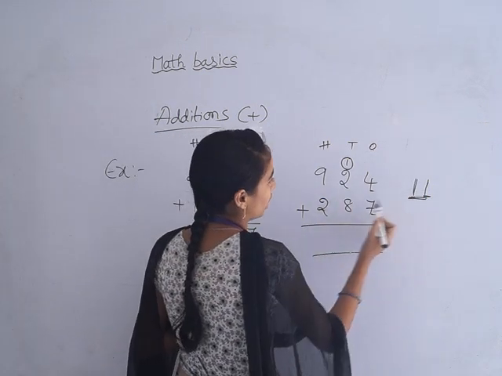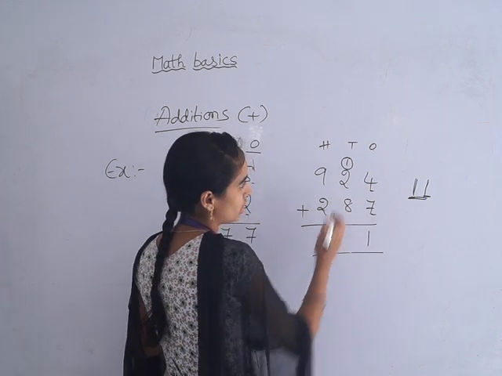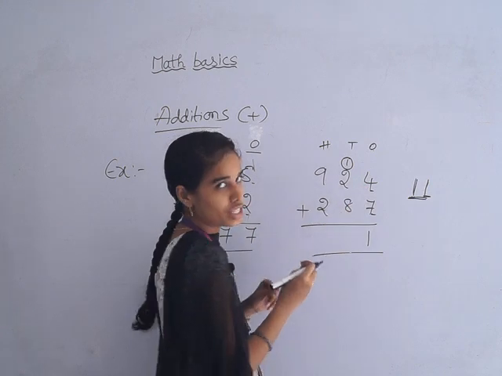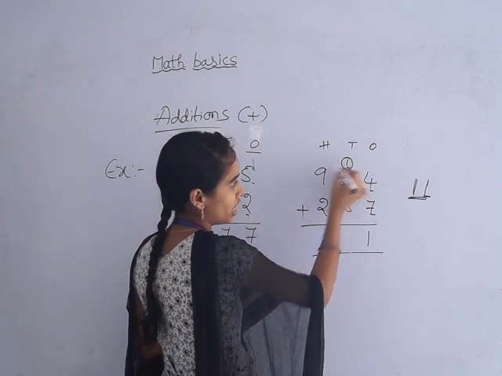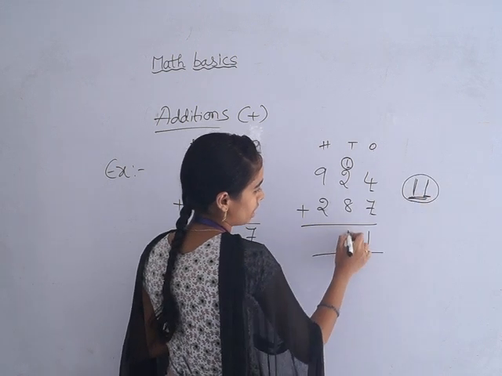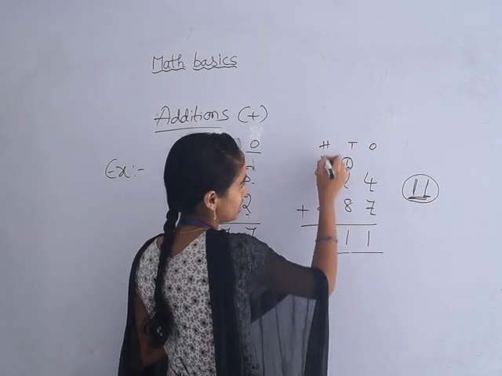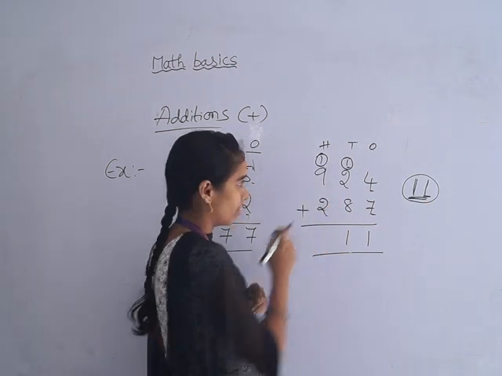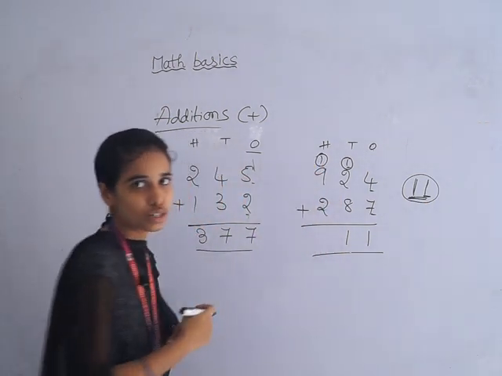Now next, you have to add the tens place. 2 plus 8. 2 plus 8 how much? 10. 10 plus 1? 11. So again we get 11. So the ones place number is written here and the tens place number is carried. So 9 plus 2 equals 11. 11 plus 1 equals 12.